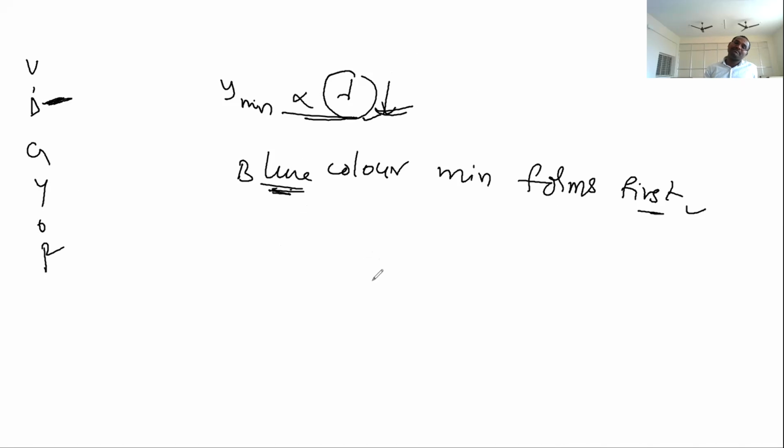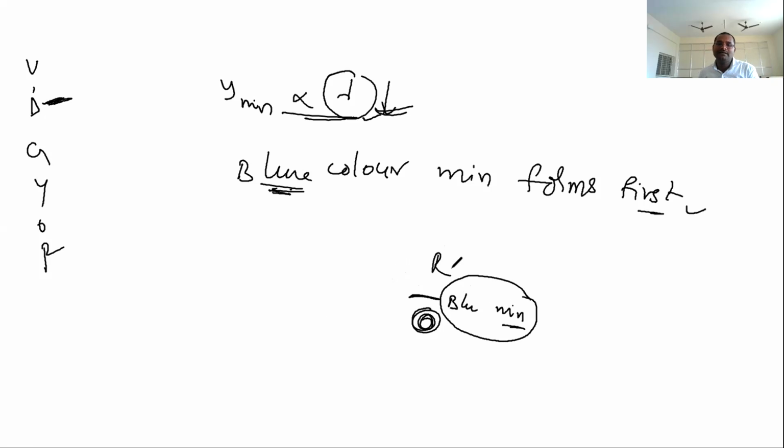So as blue color minima is forming there, alternatively red color will appear there. Are you understanding? From the central maxima, here blue minima is forming. Blue minima is forming means it is dominating there. Alternatively, red color will appear.